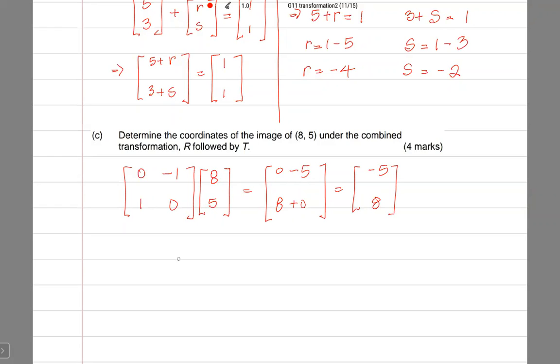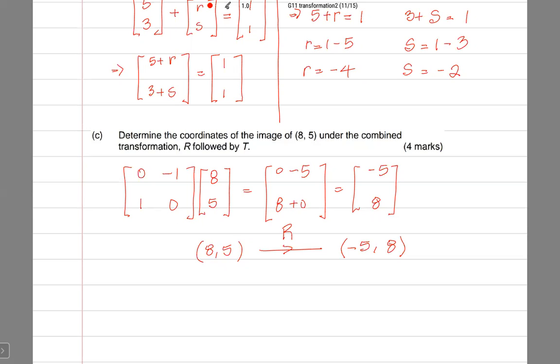And so the point 8, 5 under the transformation R becomes the point minus 5, 8. In other words, the X and Y coordinates interchange and the sign of the new X coordinate changes. This transformation is an anticlockwise rotation of 90 degrees about the origin.